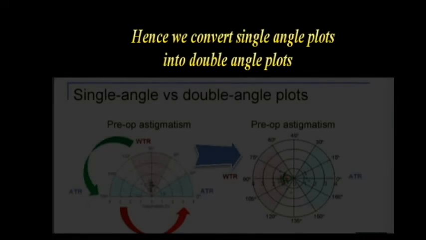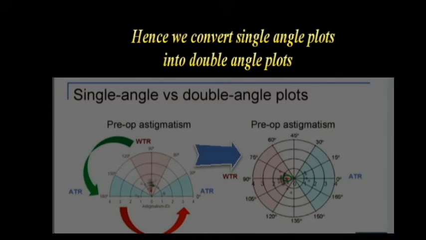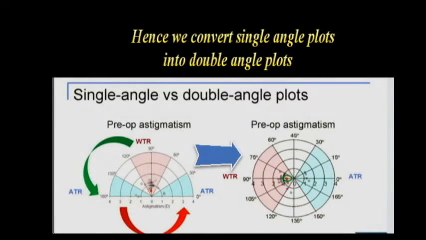Now, in order to remove this difference and to apply the principles of geometry to refractive science, a single angle plot is converted into a double angle plot. What we mean by a double angle plot is that each meridian of a single angle plot, that is the 180-degree meridian, is doubled.